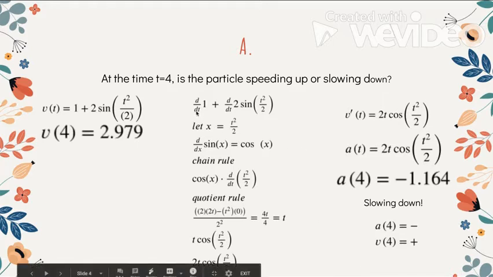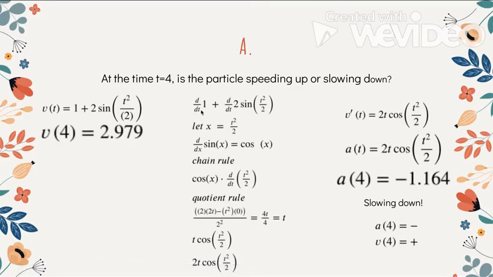You're going to find the derivative of 1, which is just 0, so that goes away, plus the derivative of 2 sine of t squared over 2. I would let x equal t squared over 2.